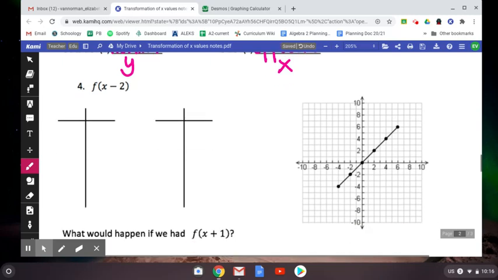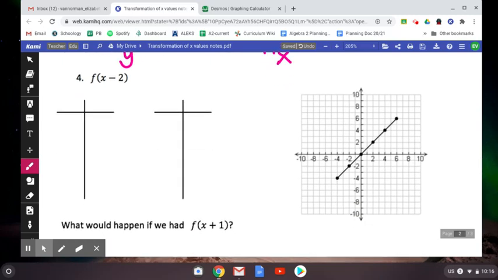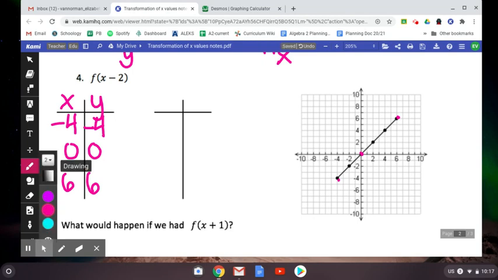So let's look at our example. We had this picture from yesterday, and we can pull some points off of it. If I pull these 3 points off the picture, I can put them in my table. We have the points (-4, -4), (0, 0), and (6, 6). We already said that when I transform this function by subtracting 2 on the inside, that is going to shift it to the right 2.